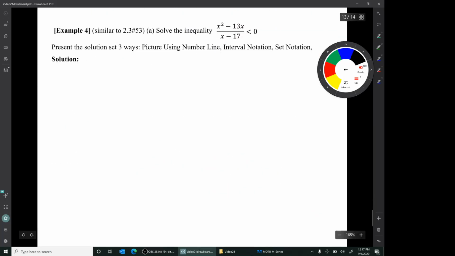Our last example is to solve this inequality and present the answer 3 ways. So we should take the same approach that we had in the previous problem, that is to identify a function that's involved in this problem, and then study the sign behavior of that function.